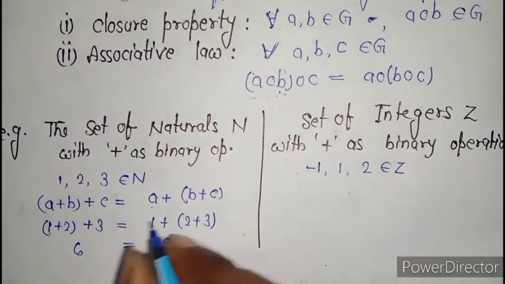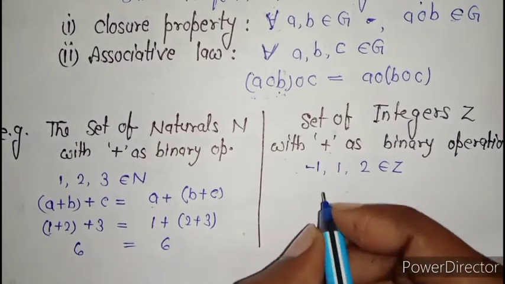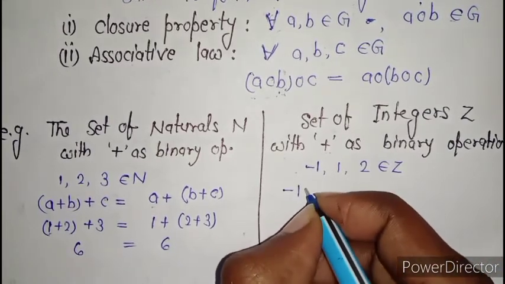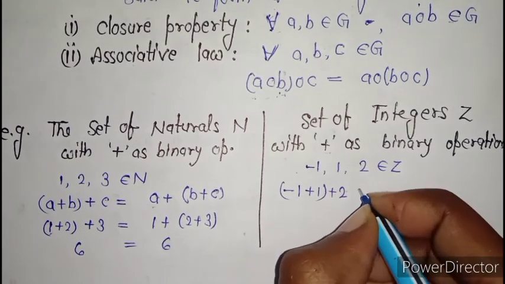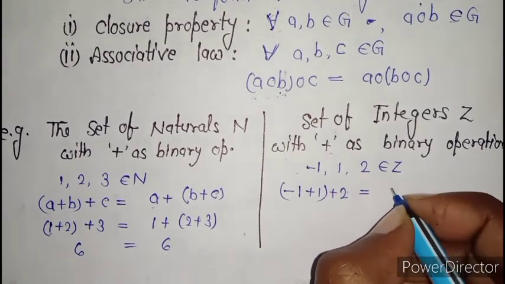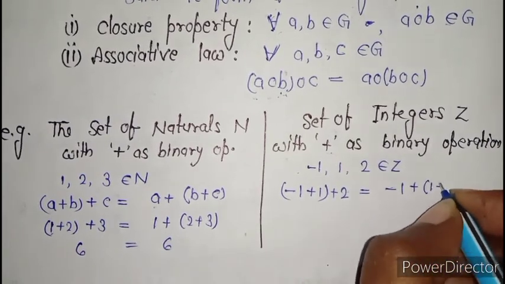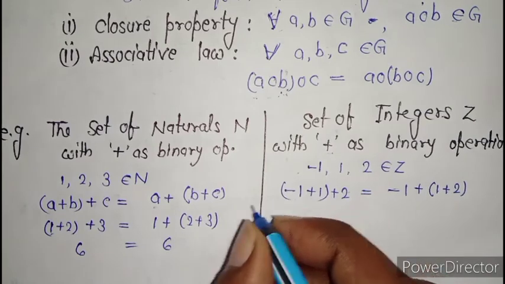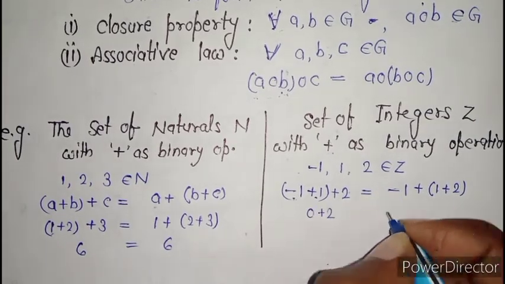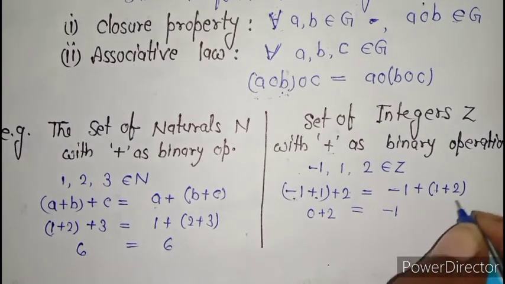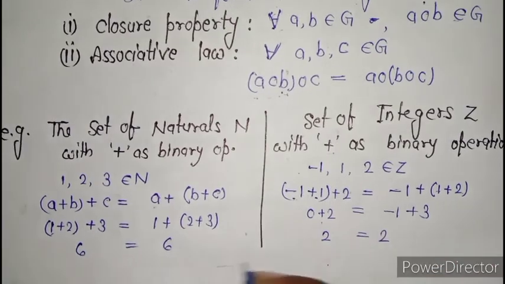If we apply the operation addition over the elements of Z, we get (-1 plus 1) plus 2, and that is equal to -1 plus (1 plus 2). So what does it give? -1 plus 1 becomes 0, so 0 plus 2 is equal to 2. And 1 plus 2 becomes 3, so -1 plus 3 is 2. So 2 and 2, the results are the same.